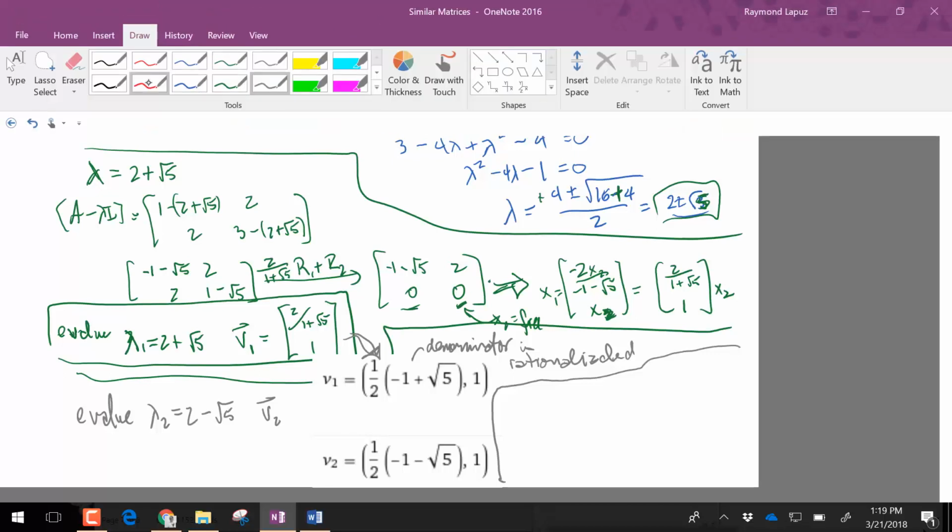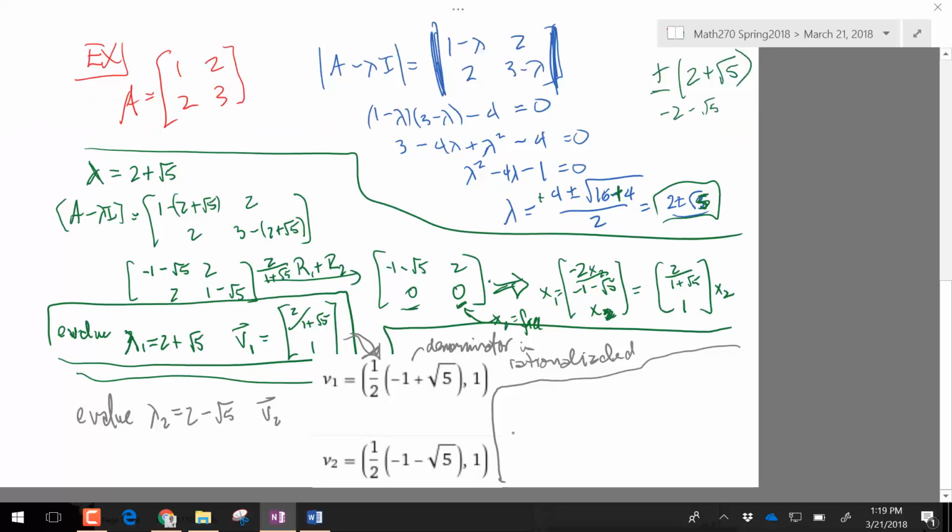So our A matrix here is equal to P, D, P inverse, where D, the easy one, is the diagonal of lambda 1 and lambda 2. So that's 2 plus root 5, 0, 0, and 2 minus root 5. And then your P matrix.